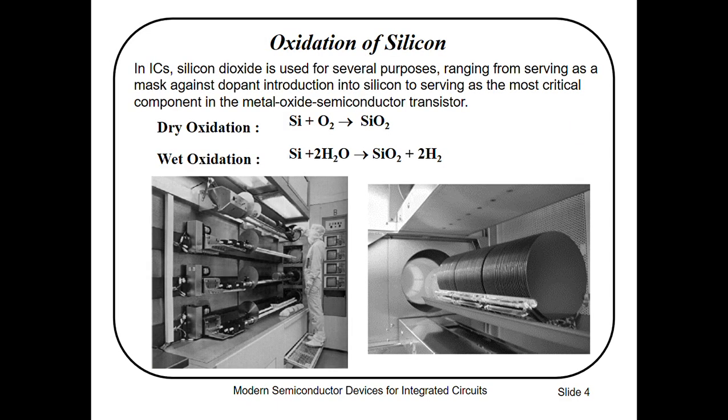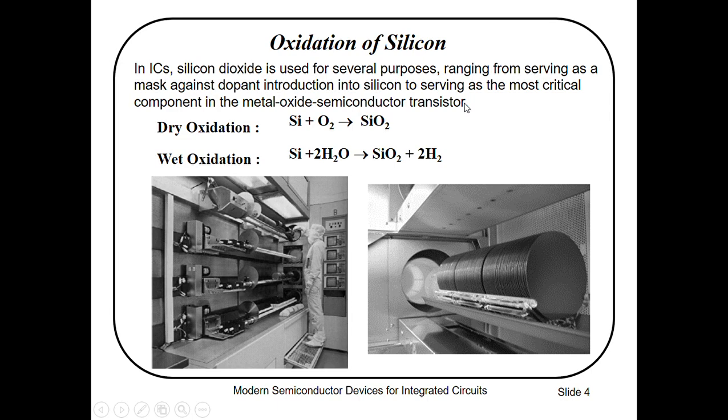Oxidation of silicon. In integrated circuits, silicon oxide is used for several purposes, ranging from serving as a mask against dopant introduction into silicon to serving as the most critical component in the metal oxide semiconductor field effect transistor.